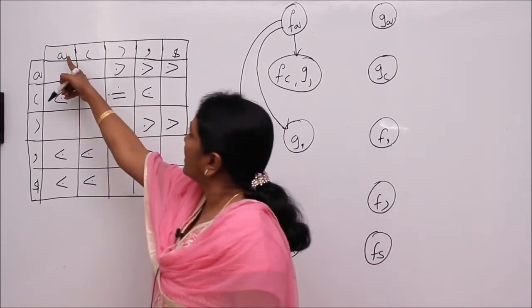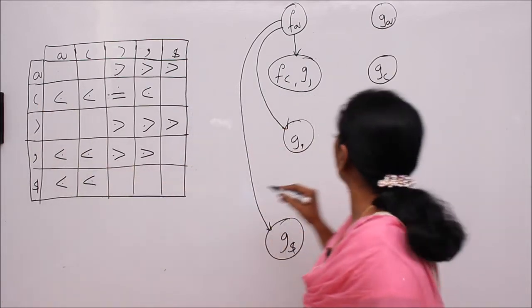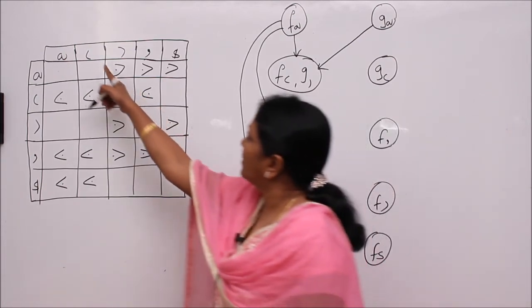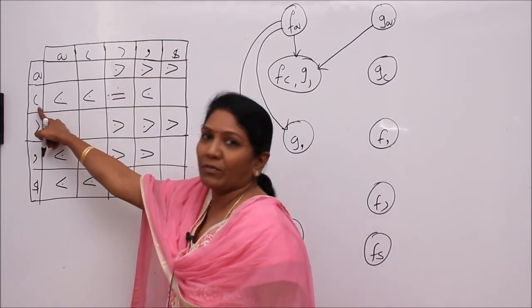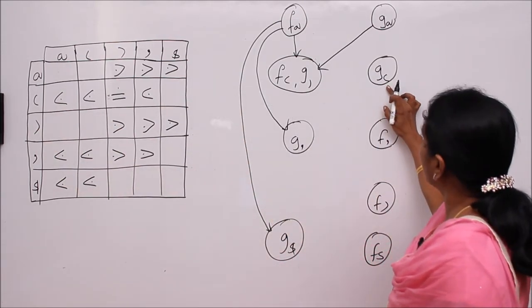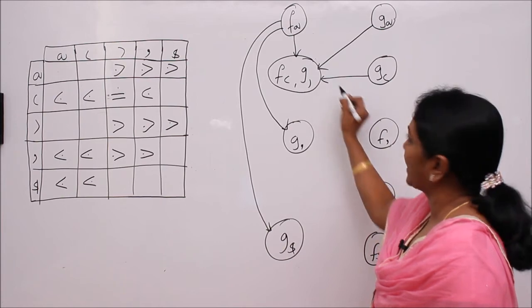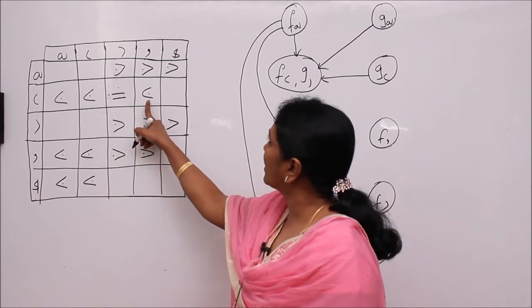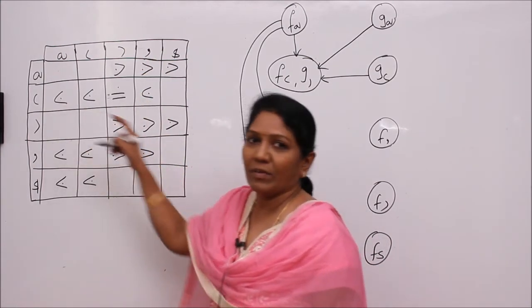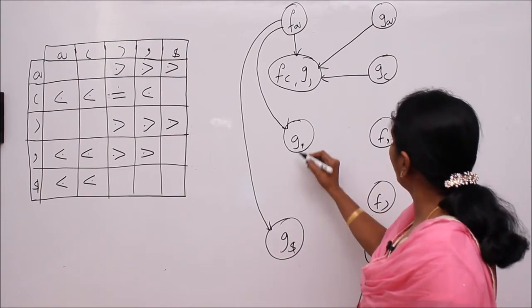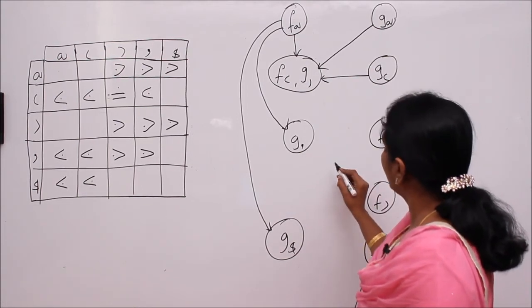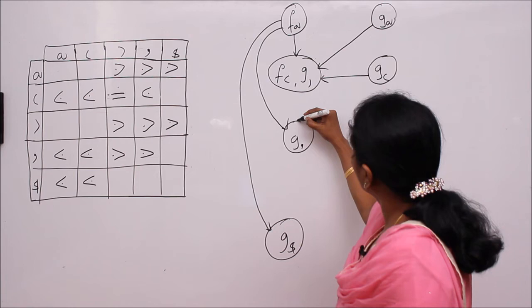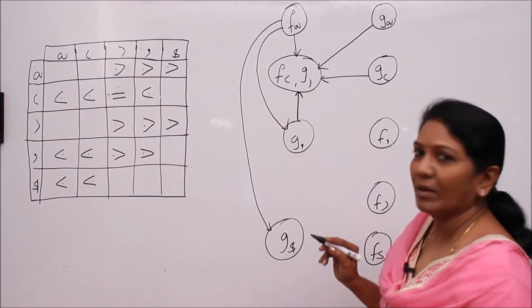Coming to the second row: g a to f left parenthesis, then g left parenthesis to f left parenthesis. Then no need to consider this equal to. Now coming to this, g comma to f left parenthesis. Over.